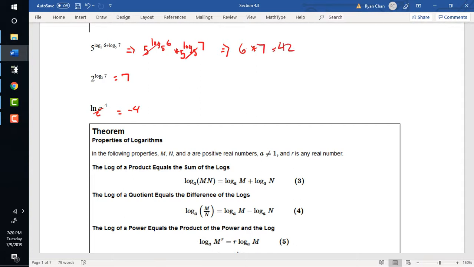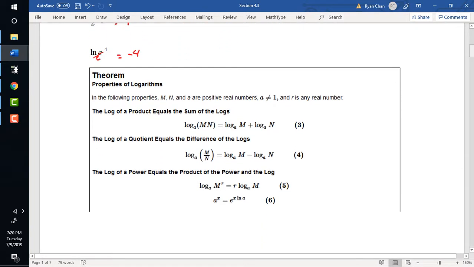Okay, now some of you guys are probably wondering, why did I get this situation? Okay, so if you recall, let me kind of scroll down. Remember, you have this rule called laws of exponents. Okay, so laws of exponents, you have the following.